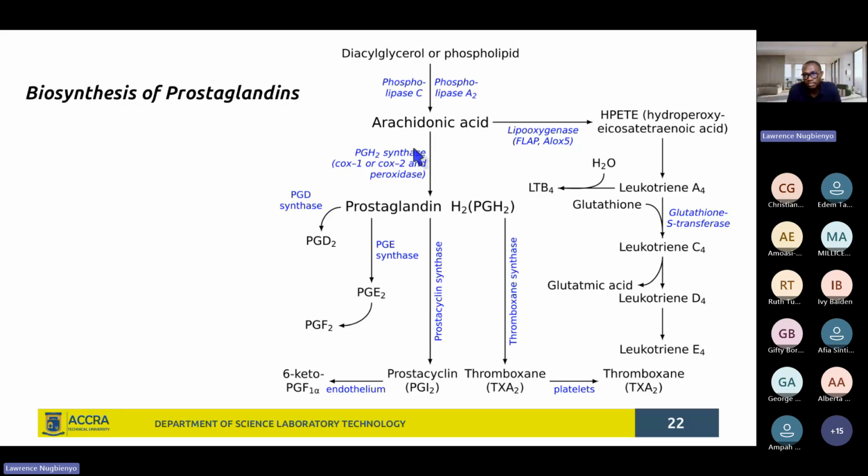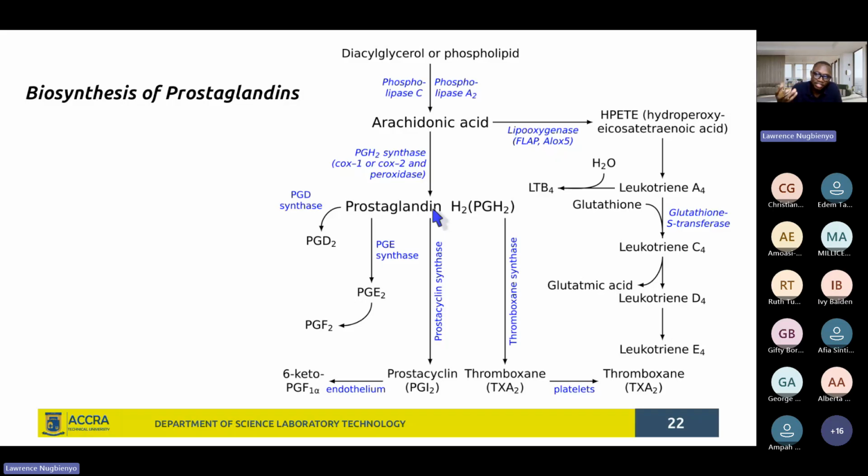And on the basis of this arachidonic acid, you have these enzymes, cyclooxygenases, which convert that into prostaglandins. And prostaglandins are these lipids that have some kind of hormone-like effects controlling pain.